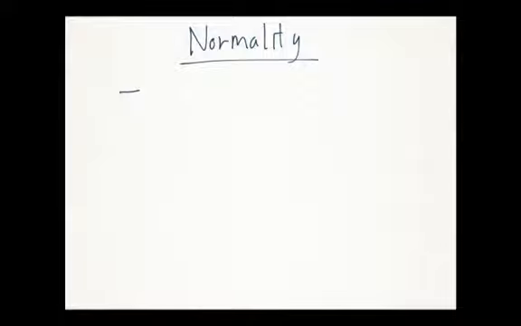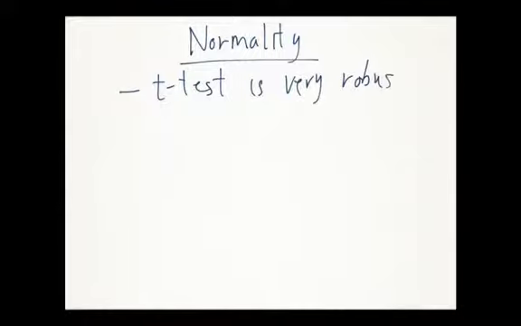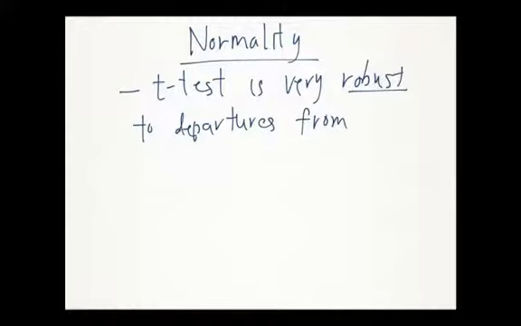So what if this assumption isn't true? It turns out that the t-test is what statisticians call robust. If a test is robust to departures from this assumption, then that means even if this assumption doesn't hold, your test is likely to be valid.